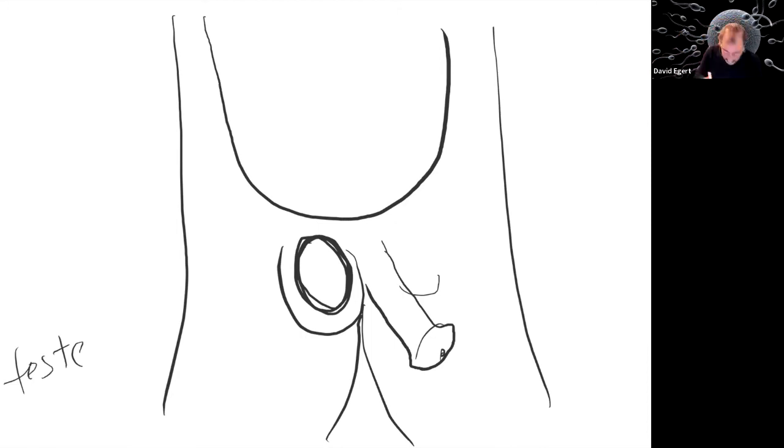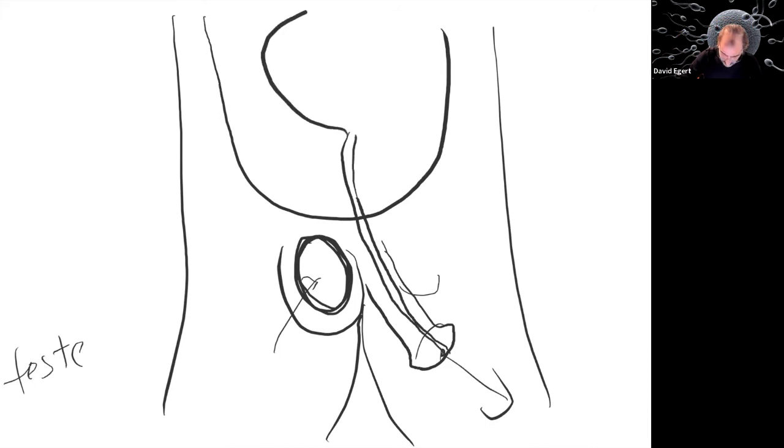So obviously the sperm are getting produced here, but they're going to have to come out here. So we've got to look at some more of the plumbing. So obviously the urethra is going to go up, and there's the urinary bladder. Here's the urethra.